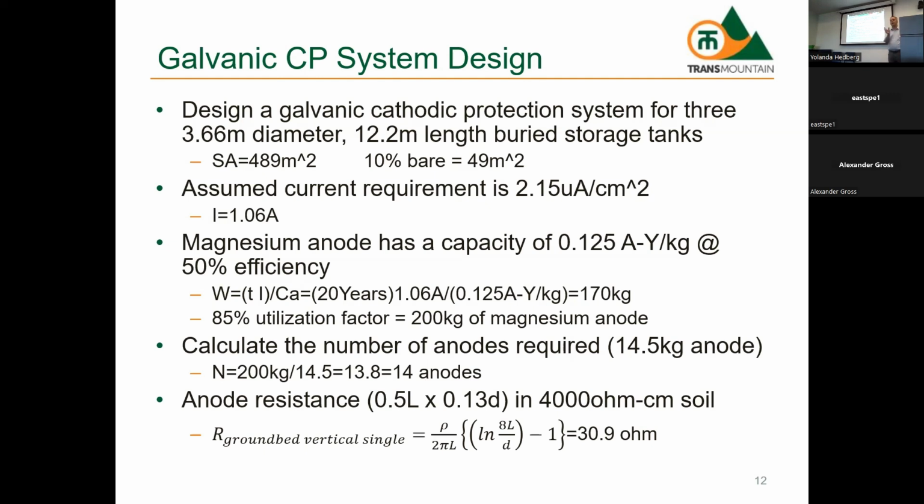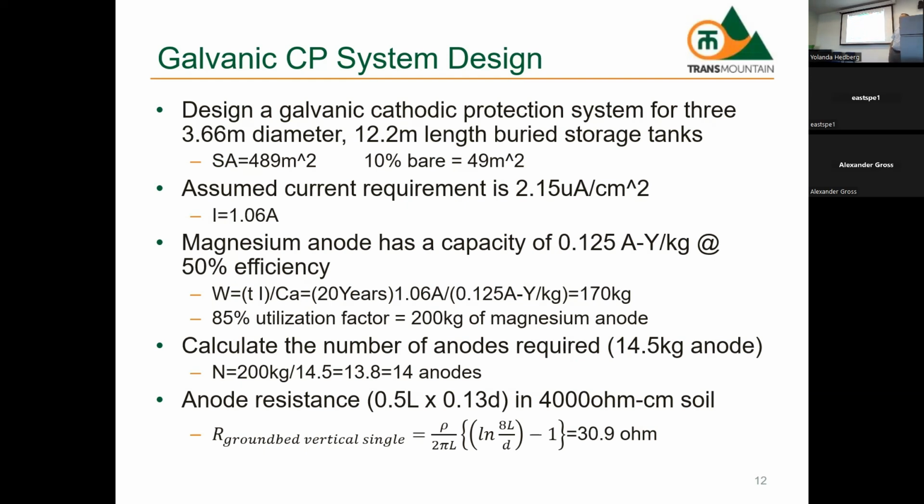You're going to be left with this little stub of anode, and it's not going to work anymore. But you're still left with some mass there. We have to factor that mass into our calculation. So we use an 85% utilization factor. We multiply that by our 170 kilograms inversely to get 200 kilograms. So really, we need 200 kilograms of magnesium anode.